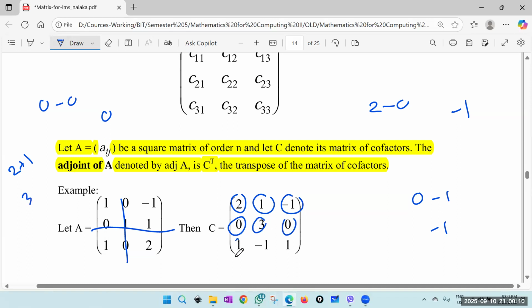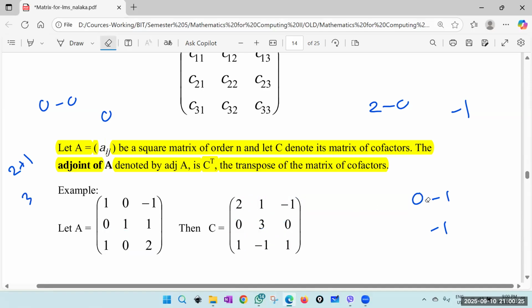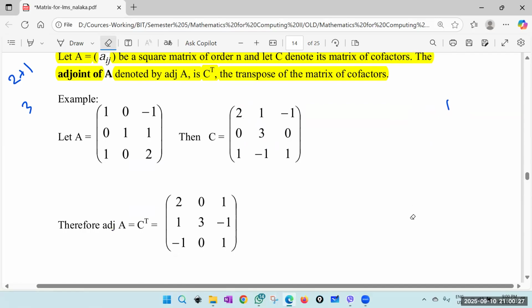Now you should be able to do it like that. Okay. So that is how you find the cofactor matrix. It's like a determinant, but you don't multiply by a value. But make sure you have that minus 1 to the power i plus j. Right. So now, if you want to find the adjoint matrix, that is the transpose.